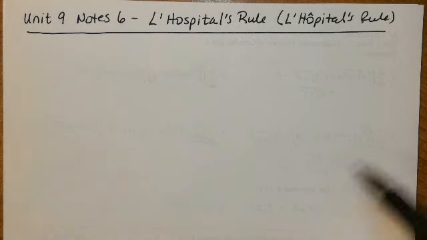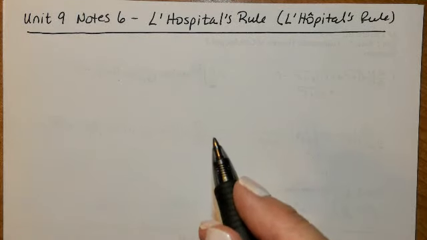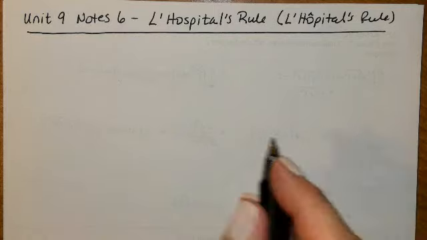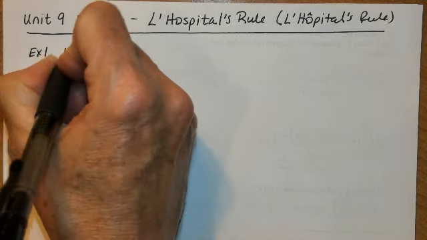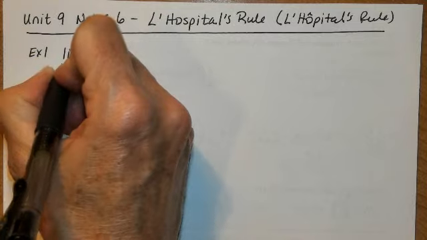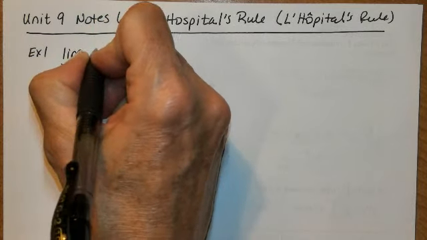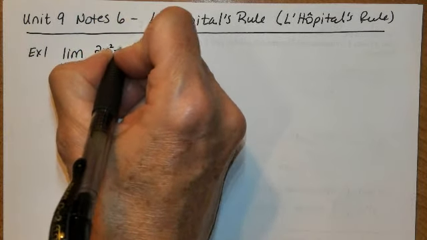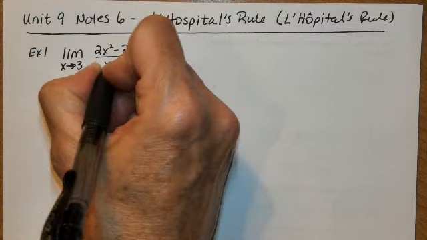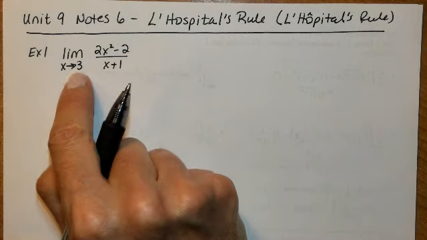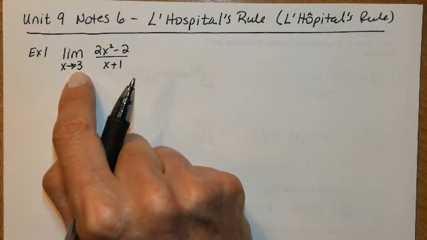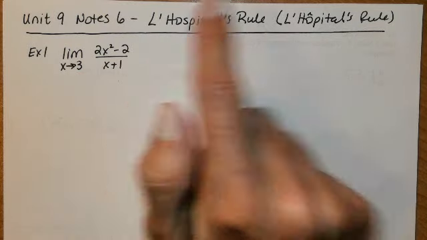Okay, so let's quickly do a brief little review on limits to refresh our memory. What's the first thing we do when we see a limit? First thing you should do is plug in this number. See if you get a number for your answer.